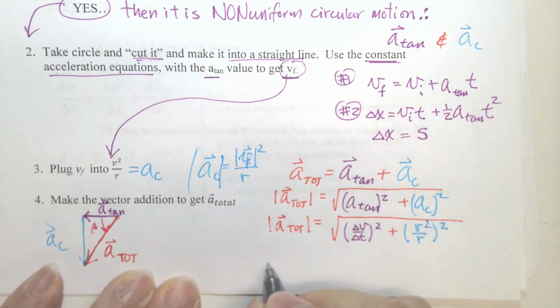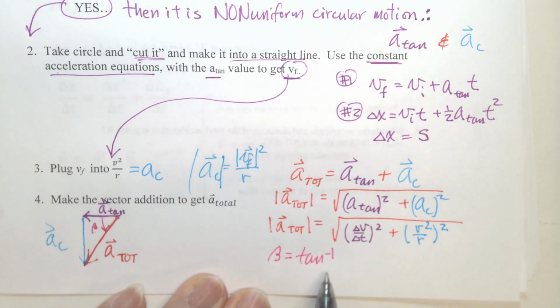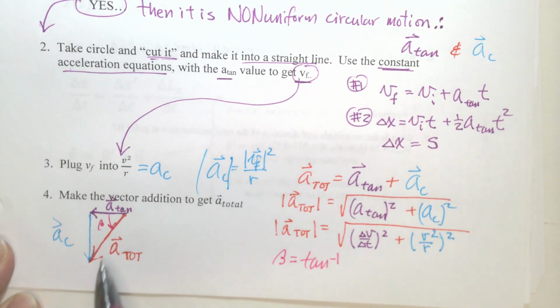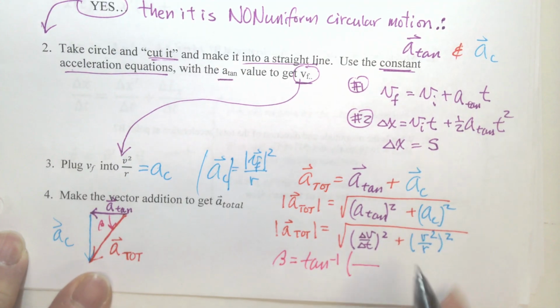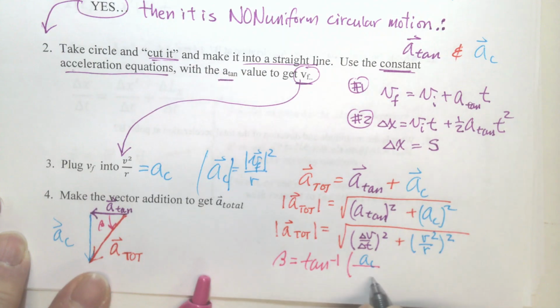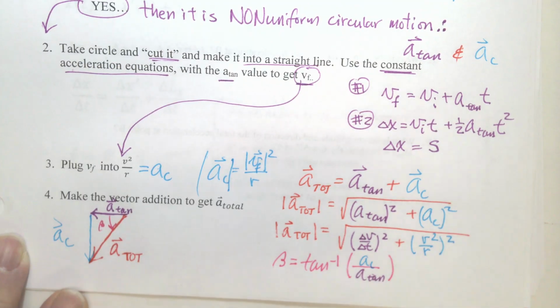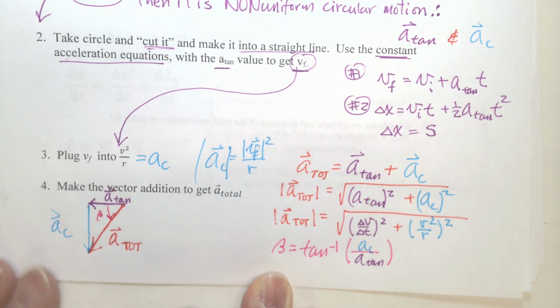And we know beta is equal to tan inverse of, now you have to be careful. Depending on where things are, my beta can be different. Opposite over adjacent. Therefore, opposite is a_c in our case, over adjacent, which is a_t. Things can change though, depending on where your beta is.